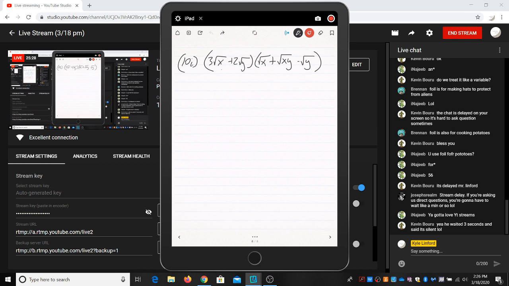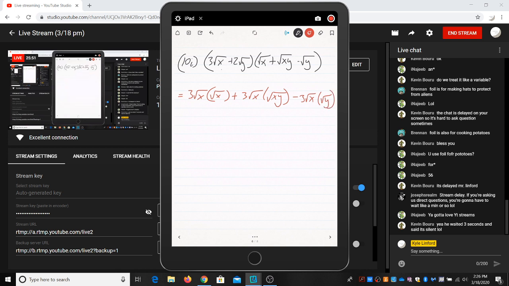I'll show you what it looks like, and then we'll test the box method to see if it's any clearer in the writing. So let's see, we would have to distribute 3 root x to root x, and then 3 root x to root xy. Oh, actually that's a subtraction. So 3 root x to negative root y.